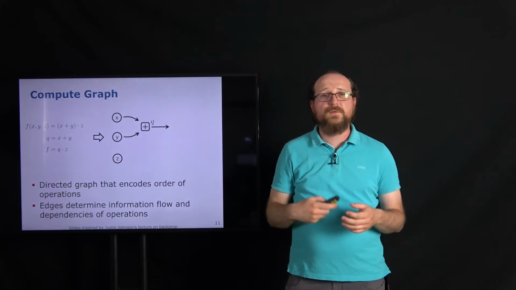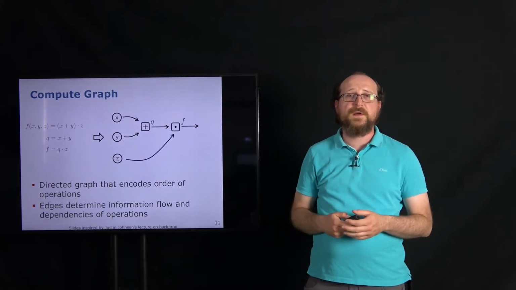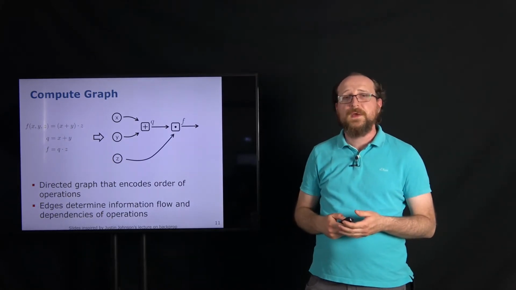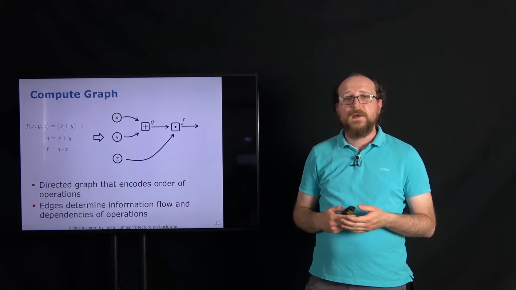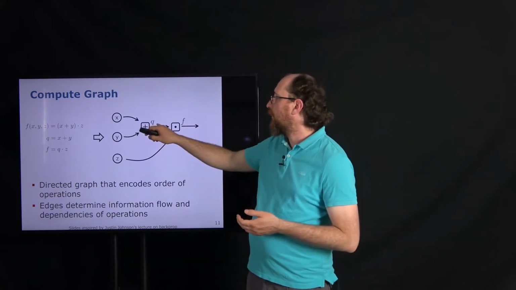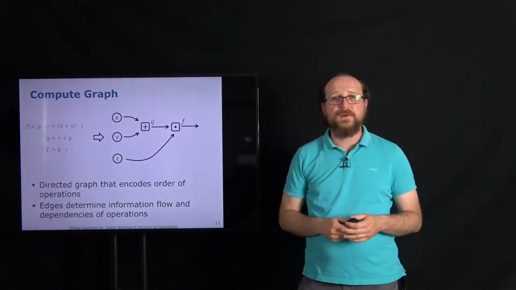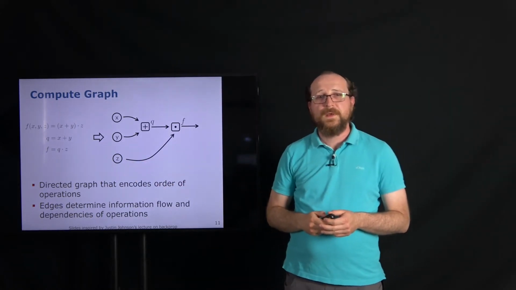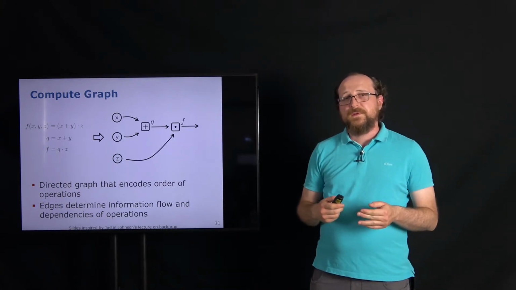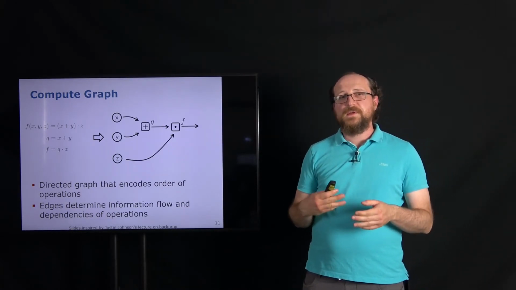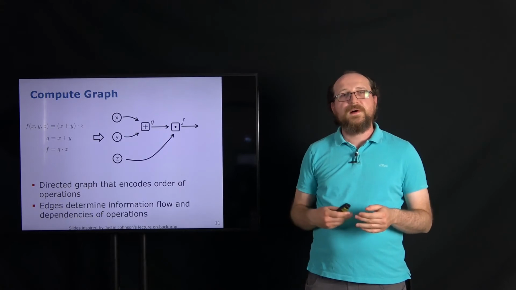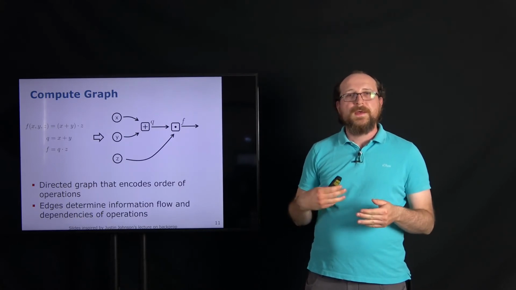We can then use this expression in the next part to define the multiplication, which just takes the result of this compute node q and multiplies it by z, which gives us the desired output f in the end. And the important part is that the edges in this directed graph also determine the information flow.